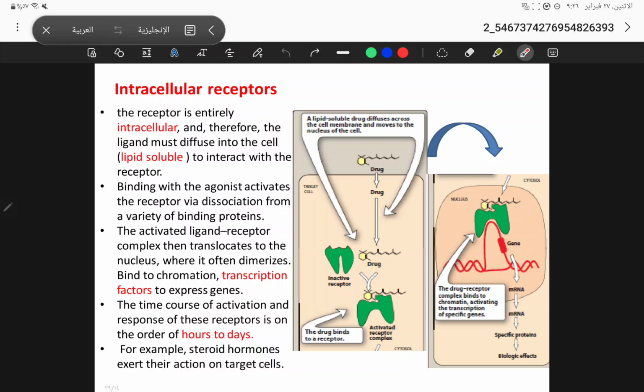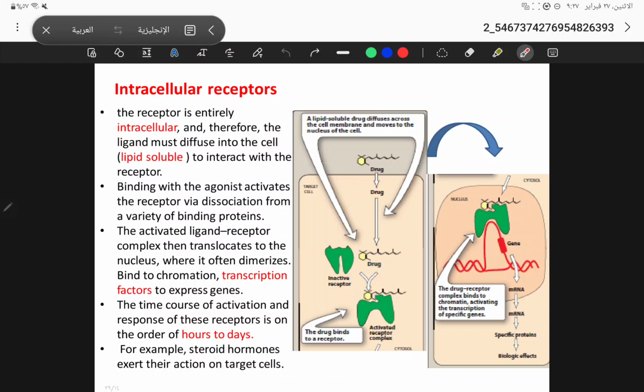فإذا الريسبتور موجود عندي داخل الخلية as a carrier molecule. Binding with the agonist activates the receptor via dissociation from a variety of binding proteins. شنو معناه؟ الآن عندي many molecules inside the cell, many proteins. When the drug binds with a certain protein, جزء من هالبروتين راح يؤخذ ويا الدراج. يصير عندي drug protein complex.